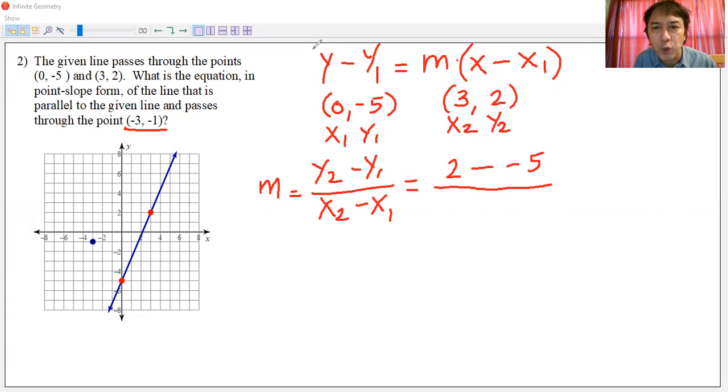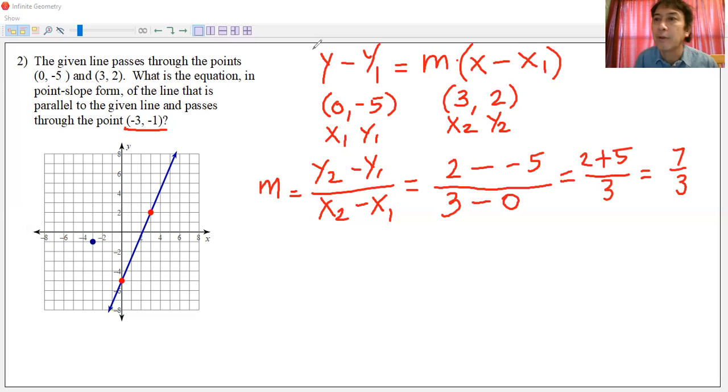And then we have x2 minus x1. x2 is 3 minus x1, which is 0. And this will continue like 2 plus 5. That's minus minus, that becomes plus. So we have 2 plus 5, and this will be over 3. And so our required slope is 7 over 3. So this is our slope.